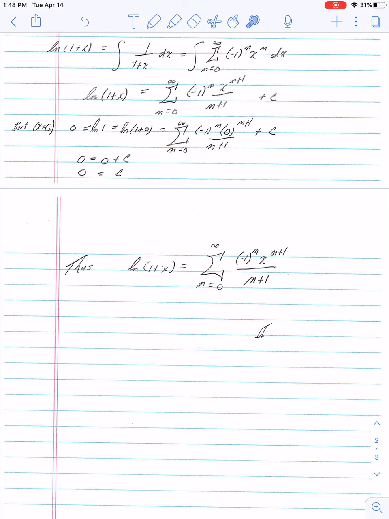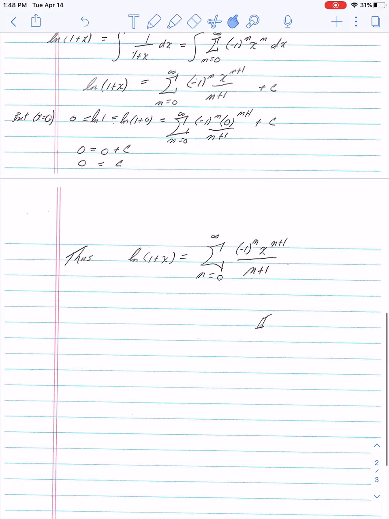And I just write it right here. So I get natural log of 1 plus x is the summation n running from 0 to infinity of minus 1 to the n, x to the n plus 1 over n plus 1. Now guess what? Look at that.